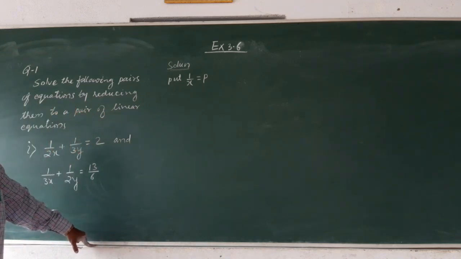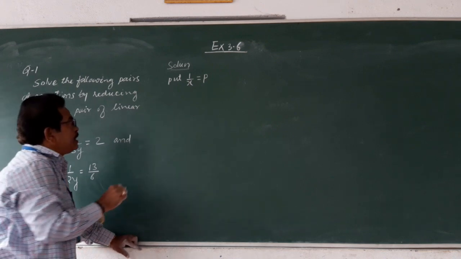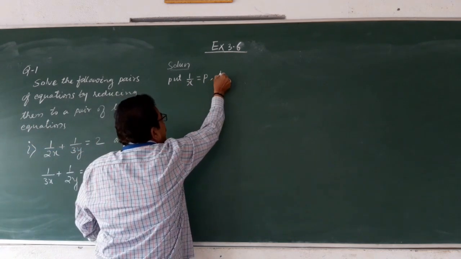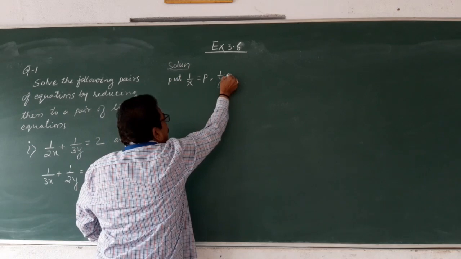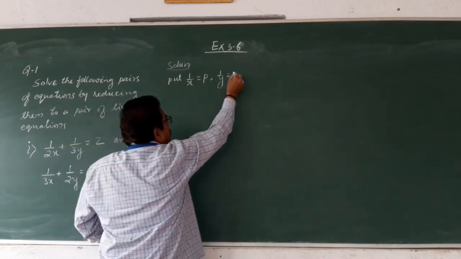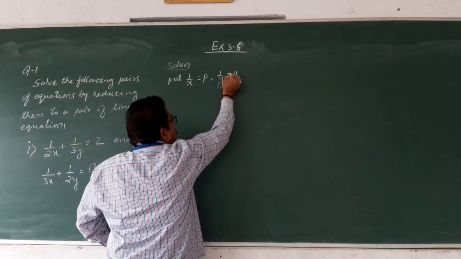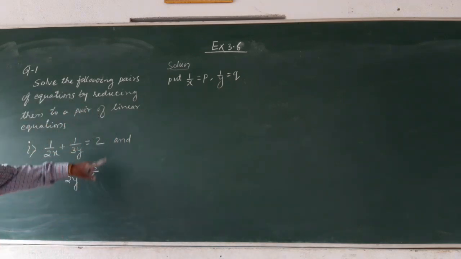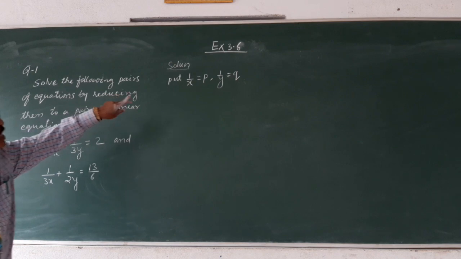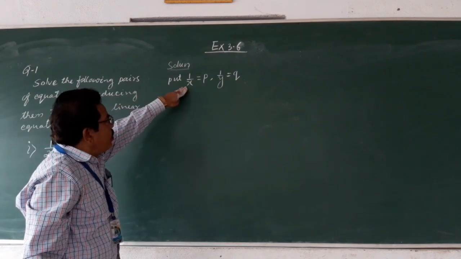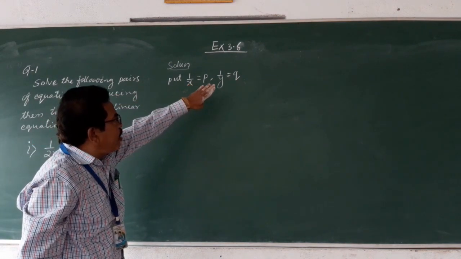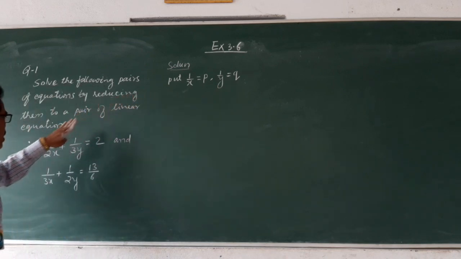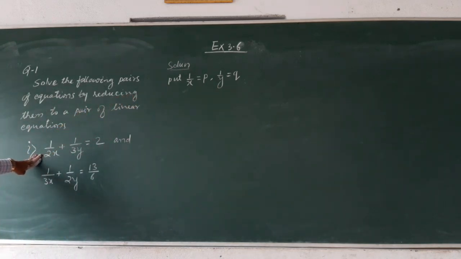Then put 1 by y equals q. Now substitute this assumption, 1 by x equals p and 1 by y equals q, in the given linear pair of equations.